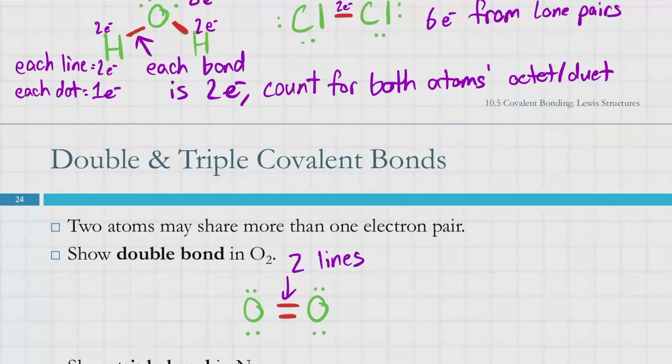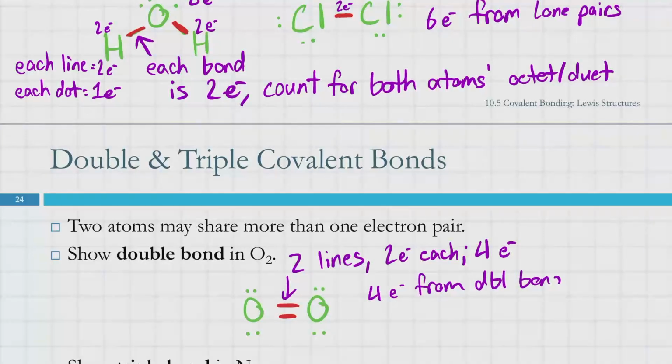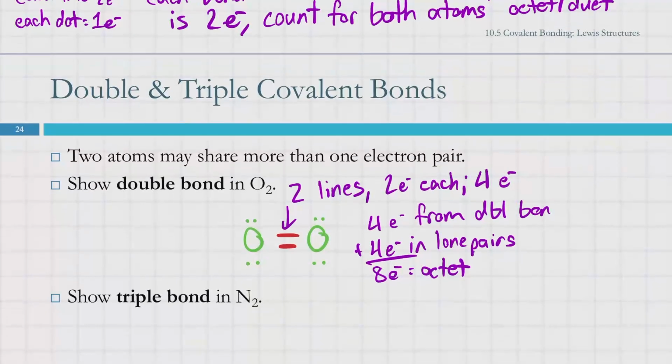Since we've got 2 lines, and they're 2 electrons each, we've got 4 electrons from the double bond. We've got 2 lone pairs. So that gives us 8 electrons, which is an octet.